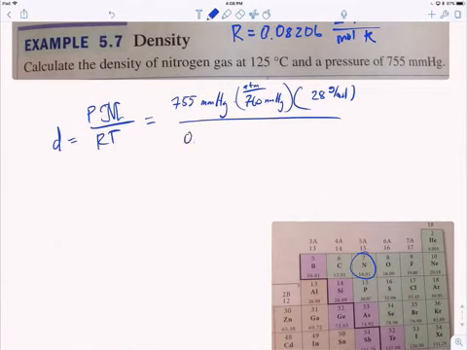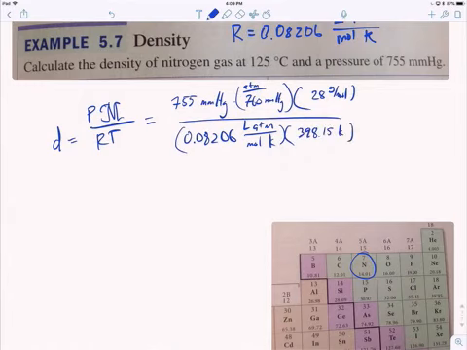Over R, 0.08206 liter atmosphere over mole Kelvin. Temperature is 398.15 Kelvin. That's 273 plus 125. Put that in our calculator.